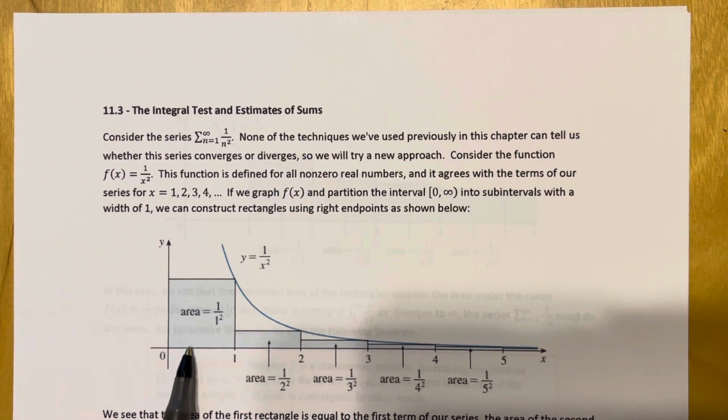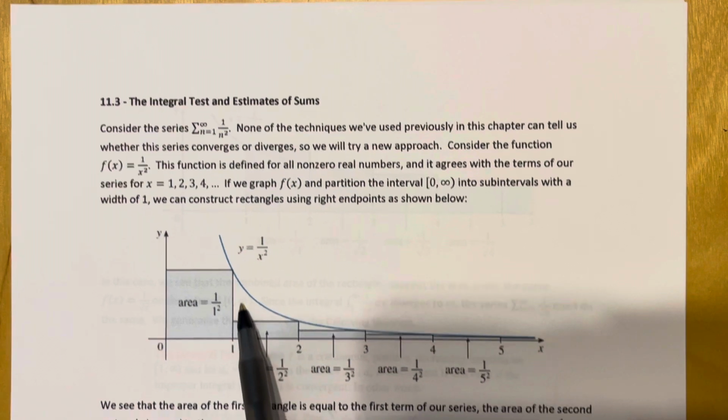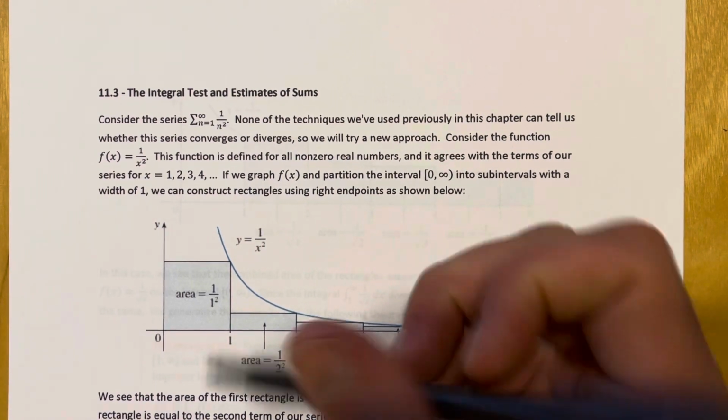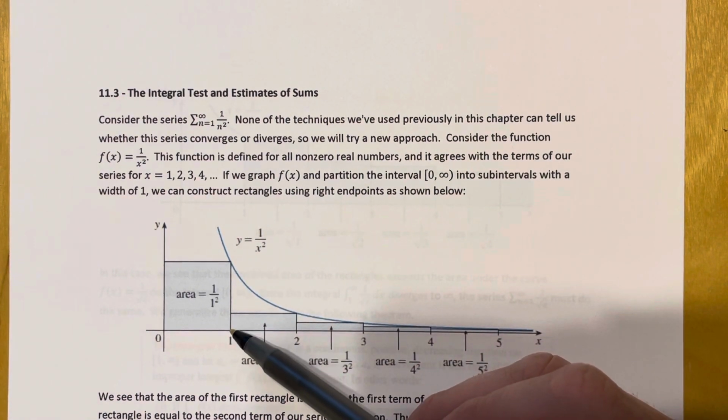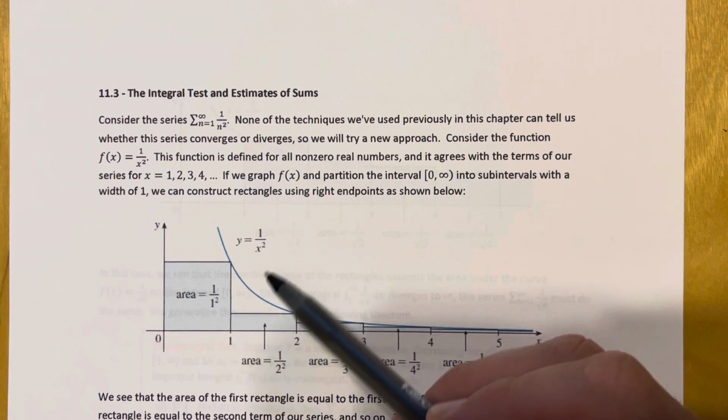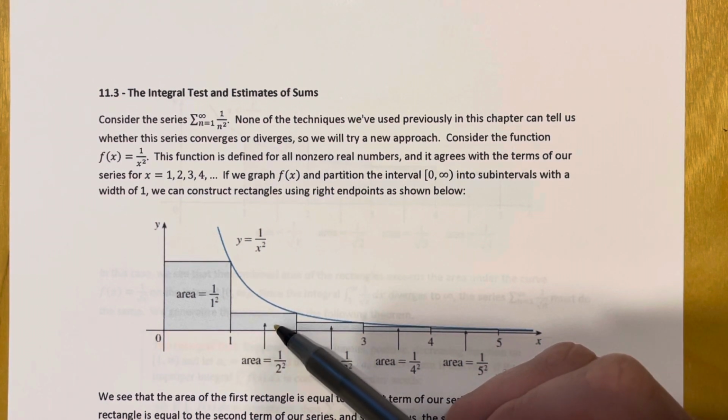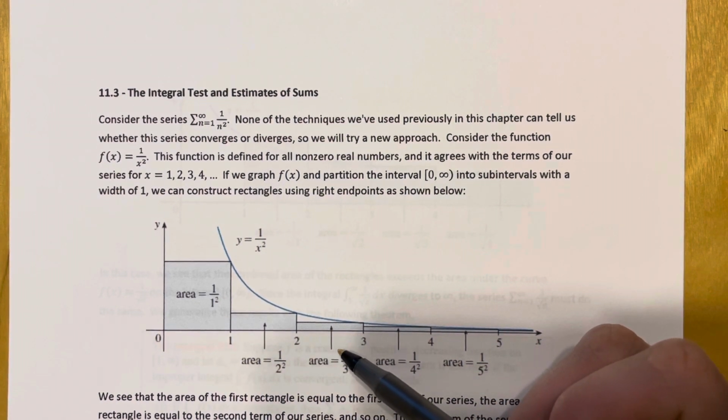And if I let this go indefinitely, all the way on down, approaching infinity, and I find rectangles under that have each of those subintervals as a base, and the right endpoint of each of those subintervals is plugged into the function to give me the height of the rectangle, then the height of each one of these rectangles is equal to 1 over whatever that number is squared. So 1 over 1 squared, 1 over 2 squared, 1 over 3 squared, and so on.